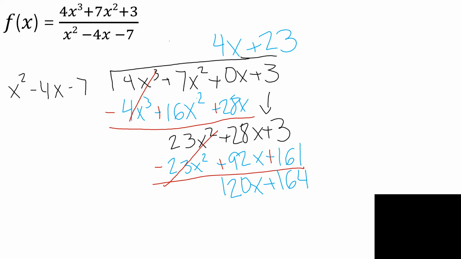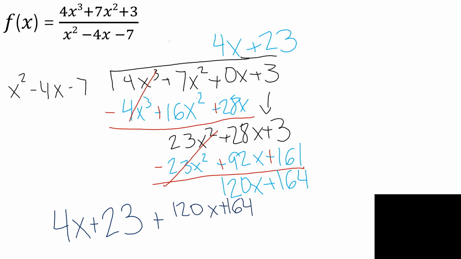So now when we write this out, we will write our answer in the form 4x plus 23 plus our remainder that we got down here, this 120x plus 164 over x squared minus 4x minus 7.